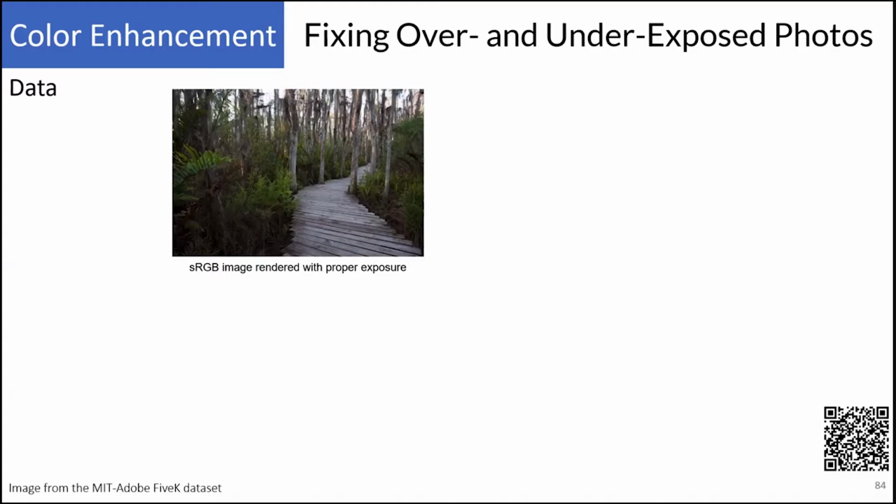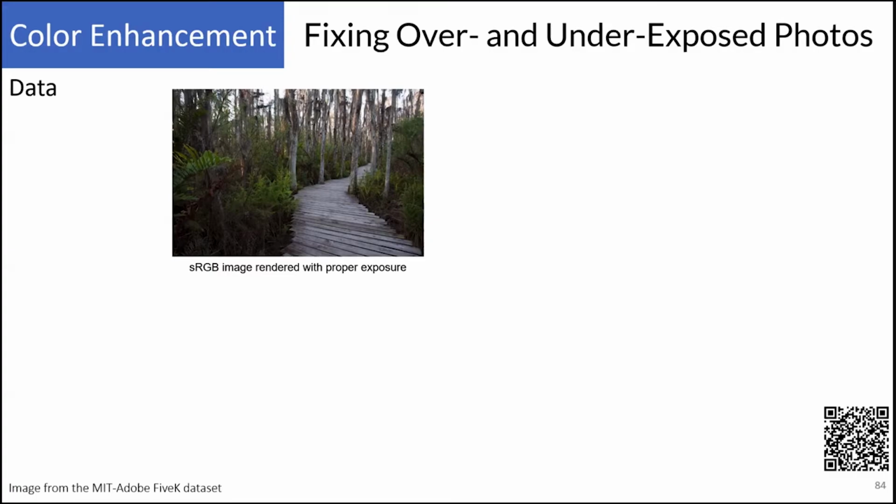One may think of capturing a real pair of images, one with proper exposure setting and one with some exposure errors, but that will limit us to certain types of scenes, like indoor or lab setting scenes. So instead, we decided to synthesize these exposure errors in sRGB space.